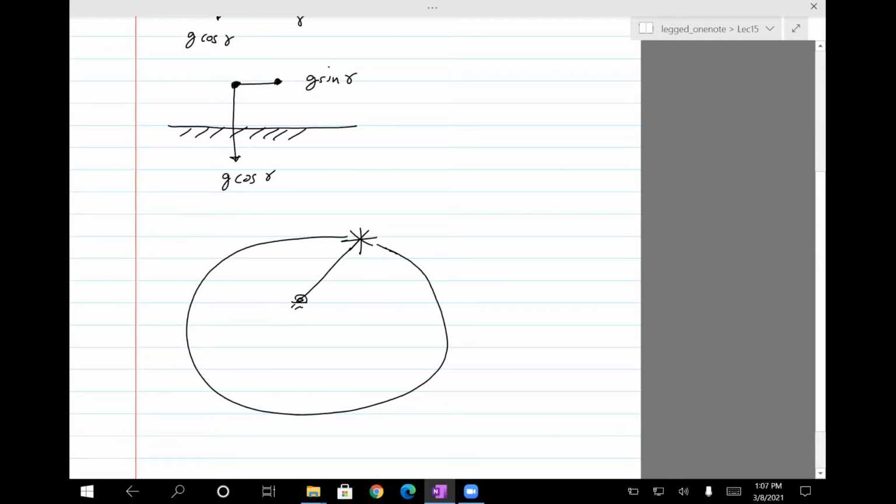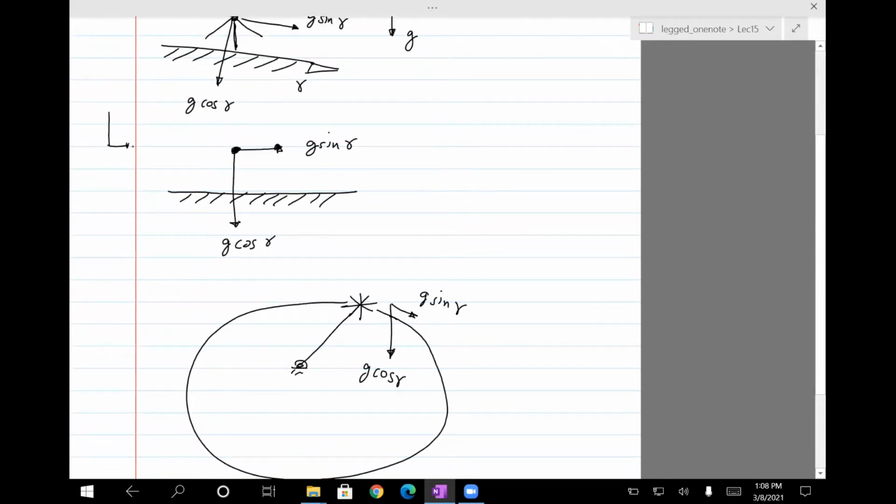One way of getting it to go on a slope is to put a slope, but the other way, to get this to go on flat ground so that you simulate the slope, is to have a gravity component g cos gamma vertically downwards, and g sine gamma along the direction of motion. In the planar case, it's very simple. If you think of this as x and this as y, then always g sine gamma is along x and g cosine gamma is along negative y.